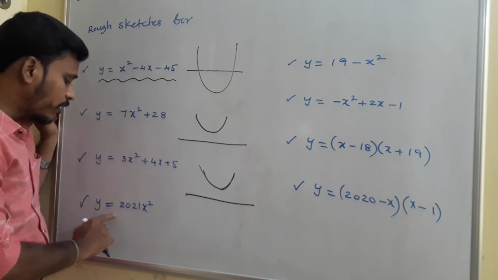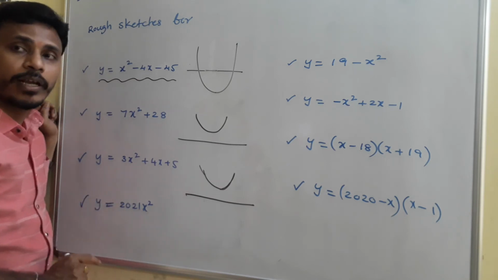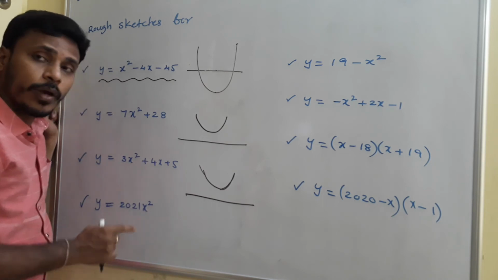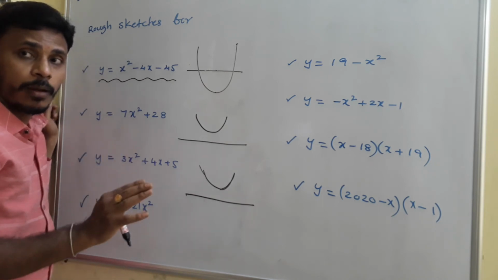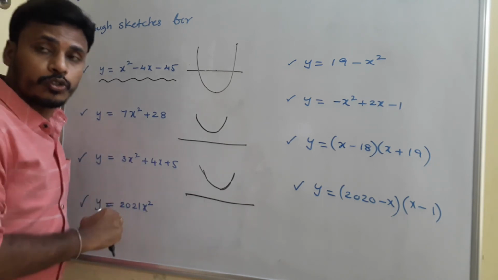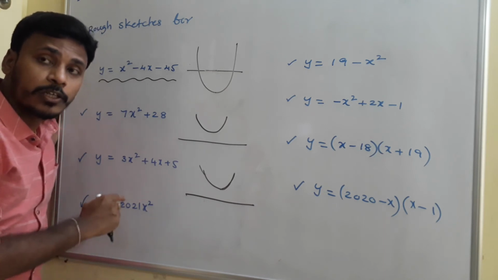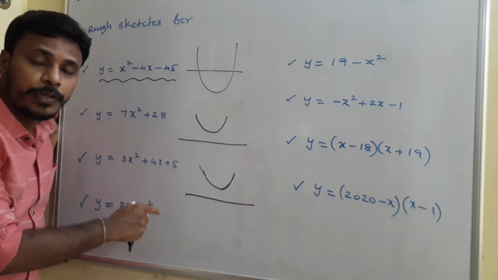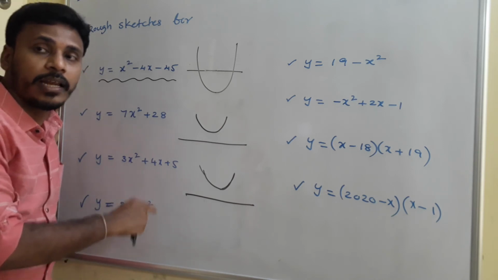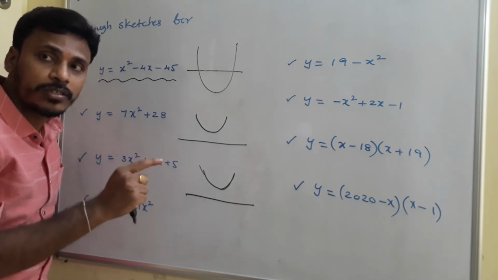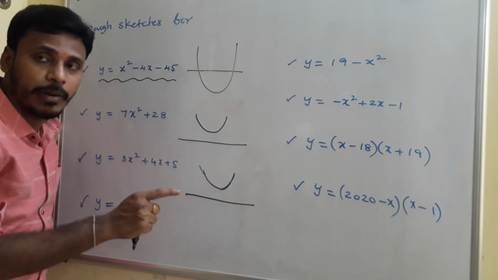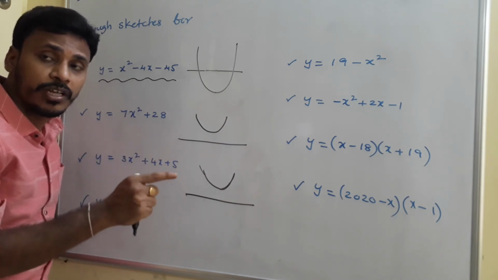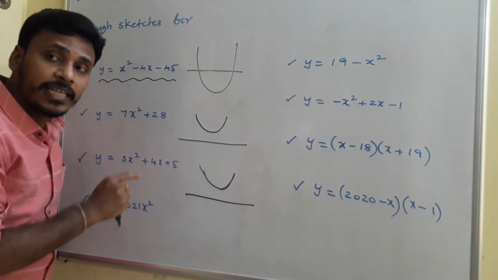Then y equals 2021 into x square. The coefficient of x square is again positive, upward parabola. What do you say about the roots? The discriminant is 0 because the b term is not there and the c term is not there. You take b as 0, c as 0, calculate the discriminant, and b square minus 4ac is still 0, so it has equal roots.